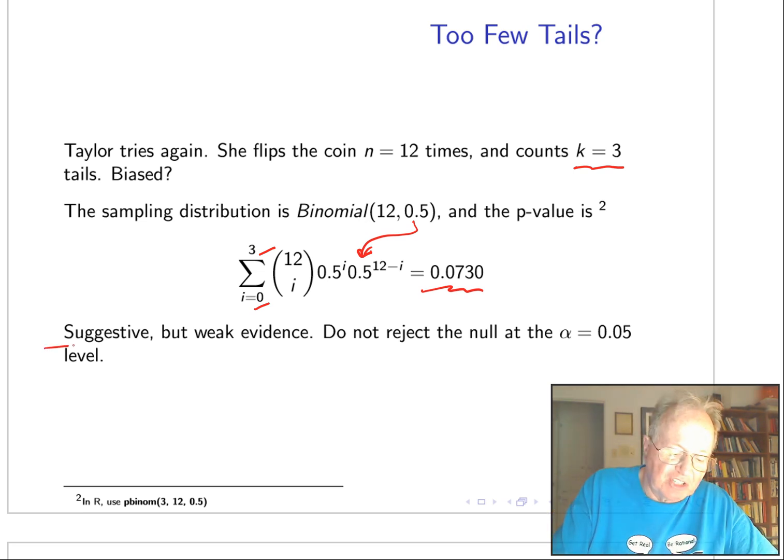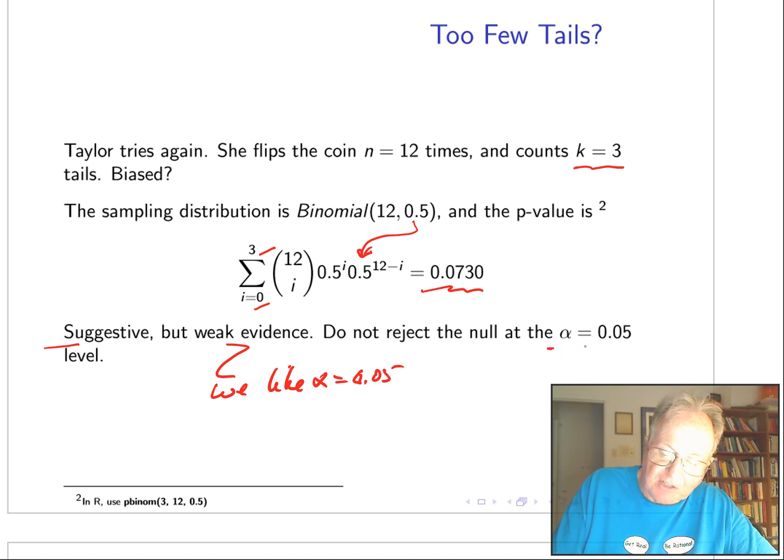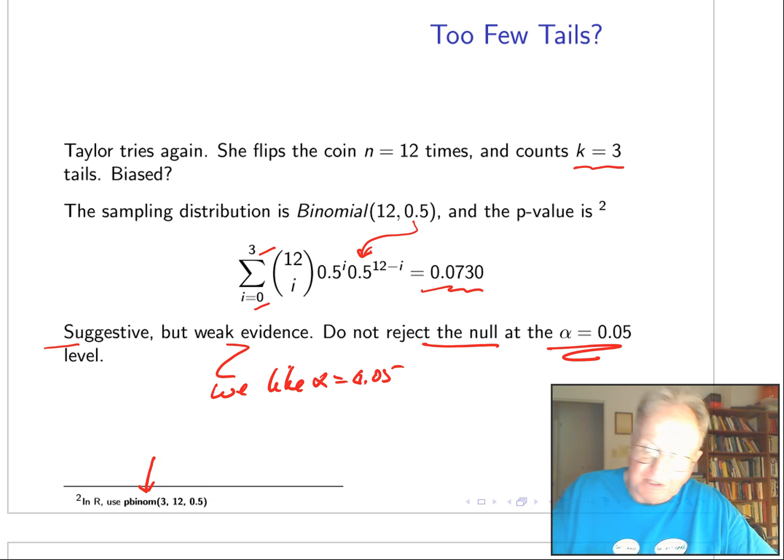This is suggestive but weak evidence. We like alpha equals 0.05. So we do not reject the null at the 5% level. Again, we can use R to do this, and pbinom for 3 will give us the sum of those probabilities.